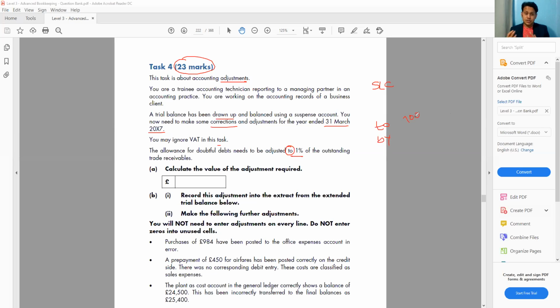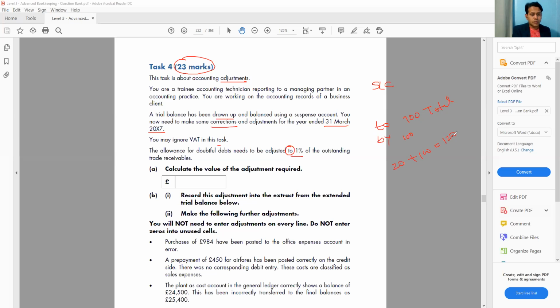On the other hand, if the question says adjusted by 100, that means on top of whatever we already have. Let's say we already have 20, so it will be another 100, so it will be 120. So adjusted to means the total will be 100, adjusted by means it will be increased by this amount.